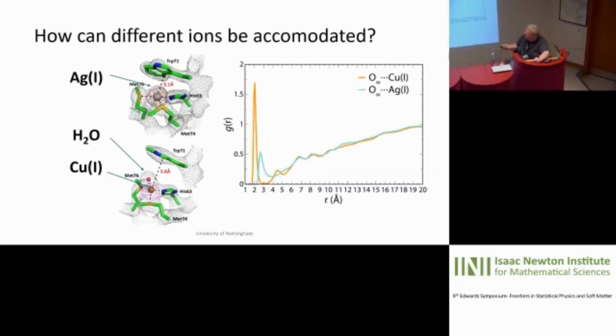when you actually drill down to have a look at the structure, you can see the silver ion sits in its binding site quite tightly, but the copper 1 ion sits there and has an extra water there. Oh, that's interesting. And you can do the MD, and you can see that the water in the silver is more excluded, but in the copper it's there quite often.